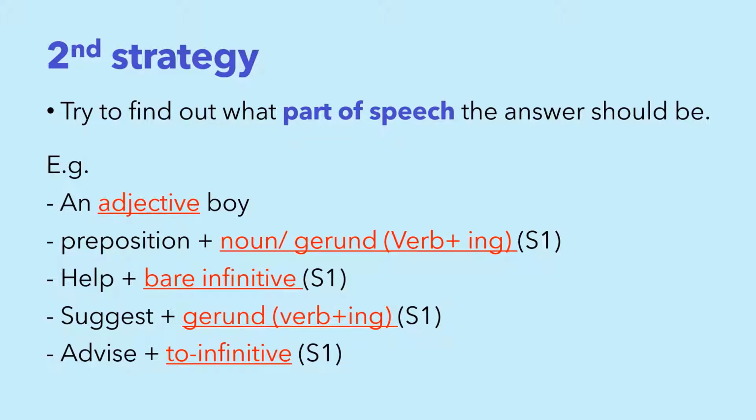After a preposition, it is followed by a noun or gerund. Gerund is verb plus ing. That's from Form 1. After help, you do not need to change the verb. That's also from Form 1. Suggest is followed by gerund, verb plus ing. Advise is followed by to infinitive. I'm not saying that in this exercise you see a lot of these examples, but I'm showing you there is a pattern that you can pay attention to.